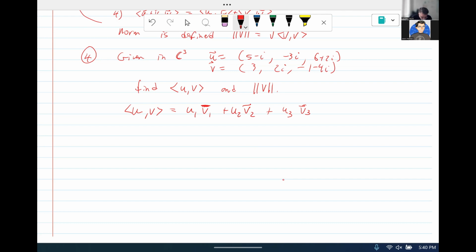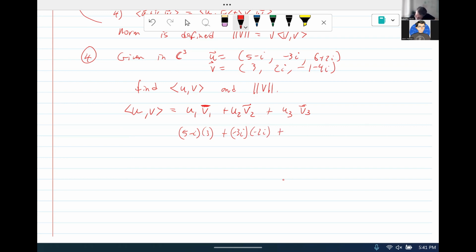So u1 is 5 minus i. What's v conjugate 1? Well, v1 is 3, so that would be 3 plus 0i and 3 minus 0i, which is still 3. The conjugate of a real number is just a real number. What about the next one? This is negative 3i, which is u2, and then v2 is 2i, and so the conjugate is negative 2i. It's really 0 minus 2i.